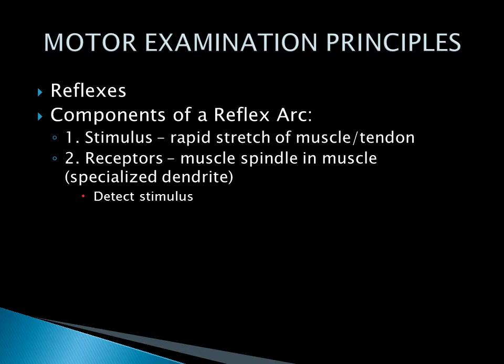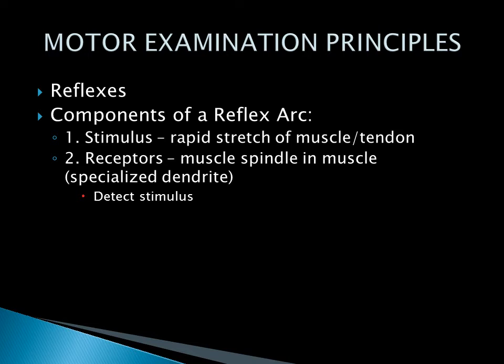The second component of the reflex arc is a receptor. We have to have a specialized receptor, a specialized sensory ending that can detect the stimulus. And in the case of deep tendon reflexes, the receptors are specialized receptive endings that are embedded deep within the belly of the skeletal muscles.